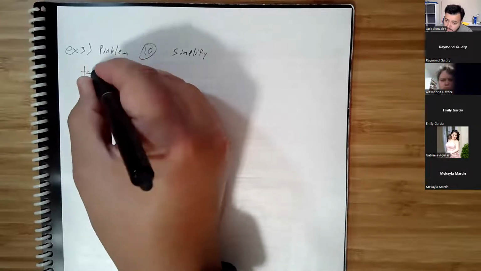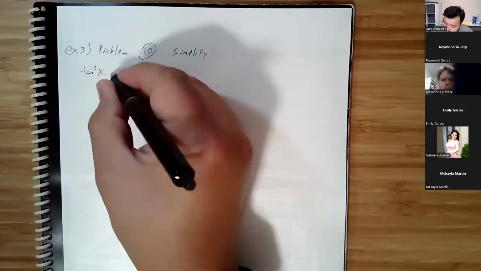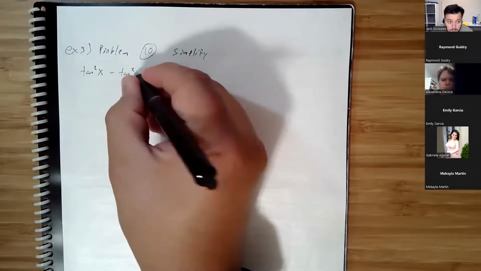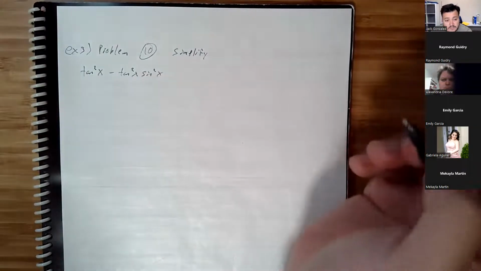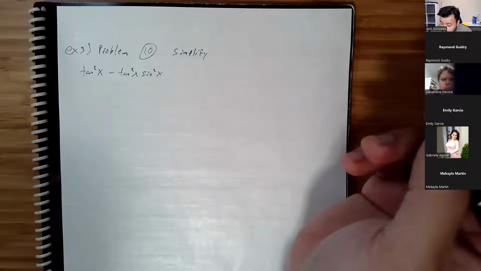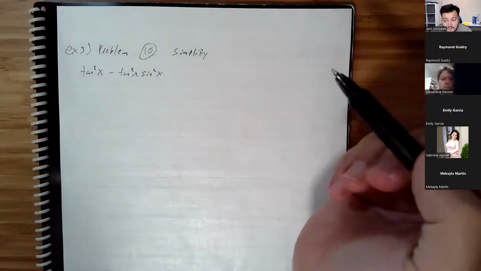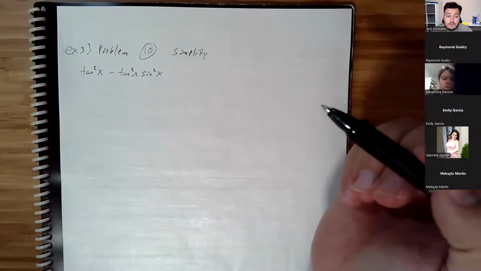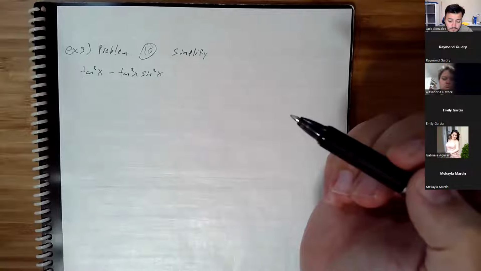So tangent squared minus tangent squared sine squared. In my opinion, the hardest part of this section is going to be how good your algebra skills are. If your algebra is garbage, then this chapter will be really difficult. Also, your fraction skills are going to be really important.